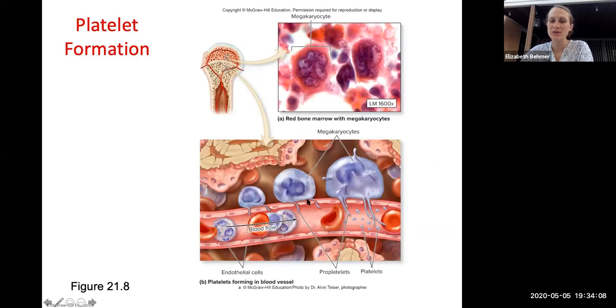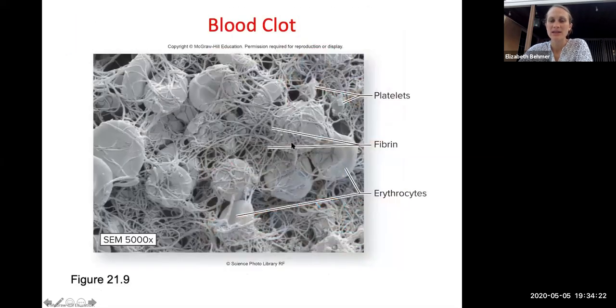Platelet formation, you can see here, they're created from pieces of megakaryocytes, and then they'll be in the blood, and they'll go to a site of damage to help the blood to clot. This is what a blood clot looks like. The platelets produce these fibrin materials that kind of clot the blood.